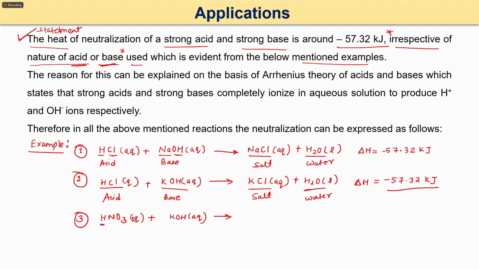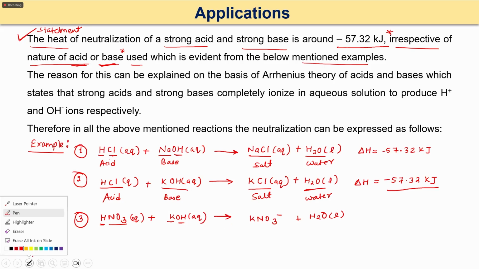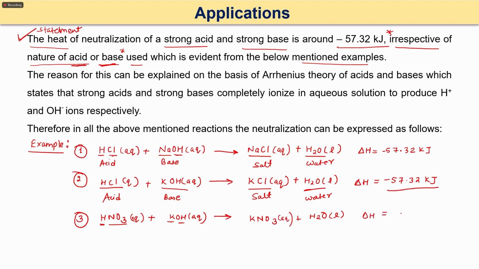Your H plus will react with OH minus and it will form water, and your K plus will react with your NO3 minus and it will form KNO3, potassium nitrate. Similarly, the heat of neutralization was found to be minus 57.32 kilojoule.